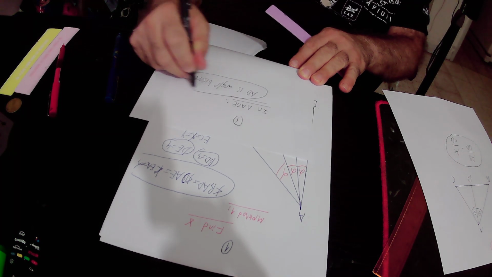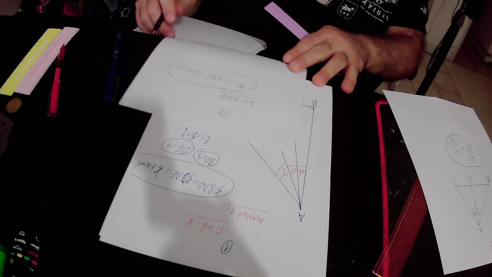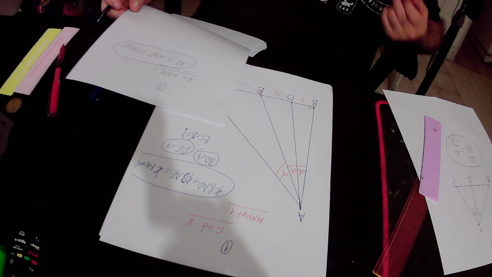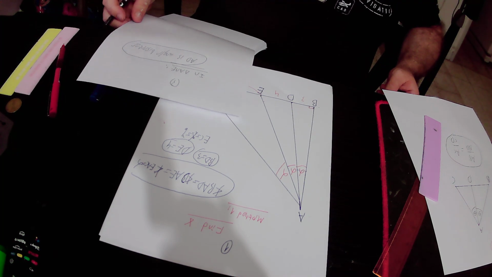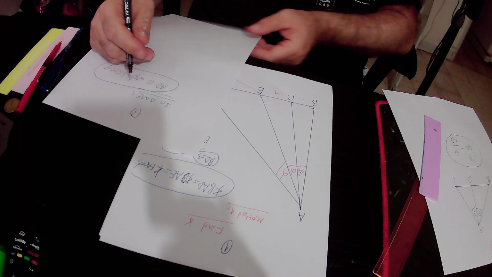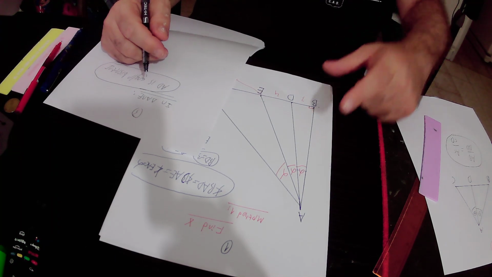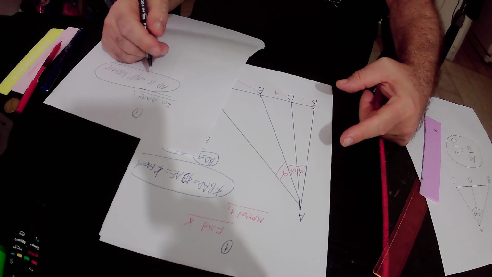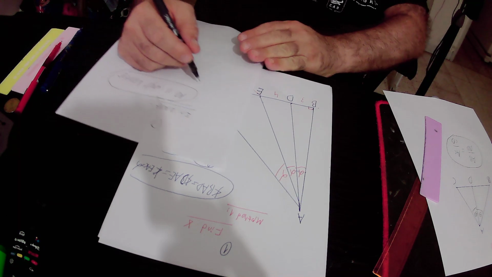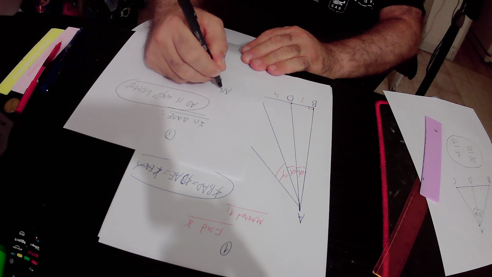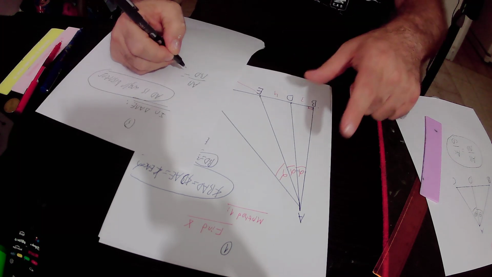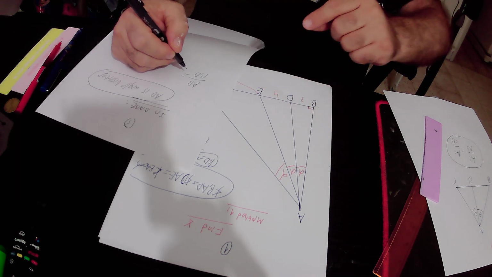So, because AD is angle bisector in triangle ABE, according to the rule that I presented to you, the following relationship exists between the sides of triangle ABE. AB over BD equals AE over ED.